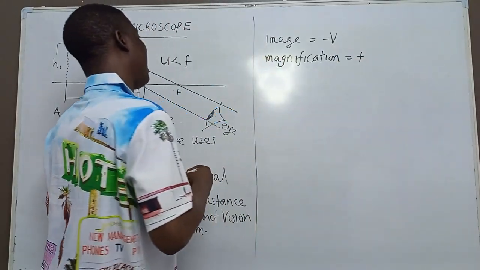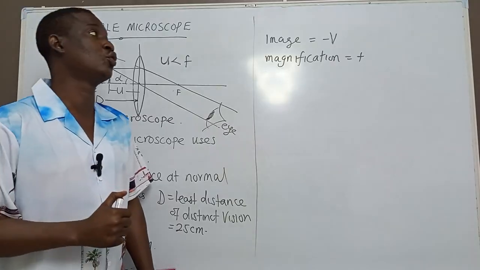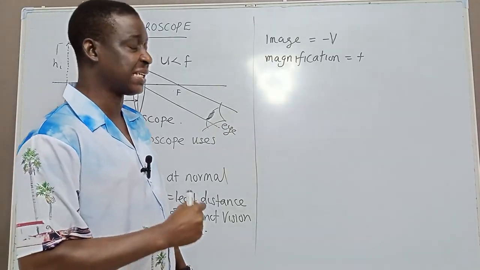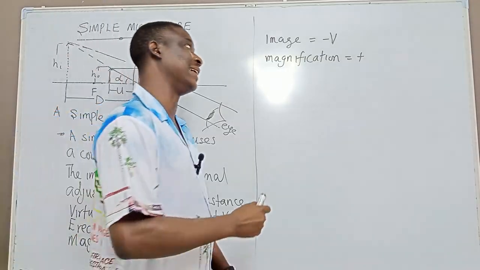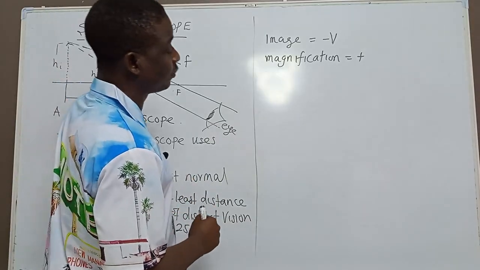Don't forget, an erect image produces a magnification with a positive sign, while an inverted image is negative. Take note of that.